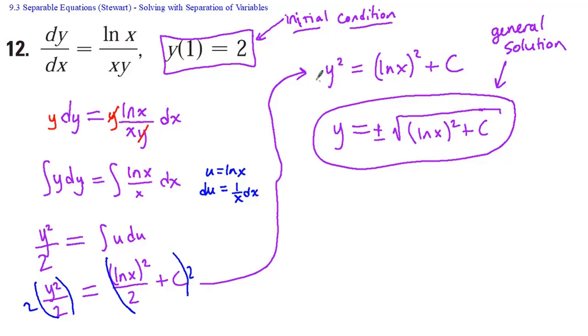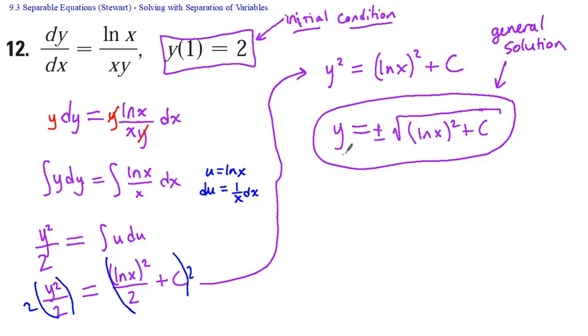One thing I want to be very clear about on differential equations: when you get a particular solution, you only get one continuous piece of curve, right? So right now I have this plus or minus, which gives us multiple, and the plus c, of course, gives us all these different curves. When we plug this in, we're going to narrow it down to just one curve and one continuous stretch of a curve, actually. We can't include two different parts across a vertical asymptote, for example. No, once you hit that asymptote or a hole or anything like that, it stops.